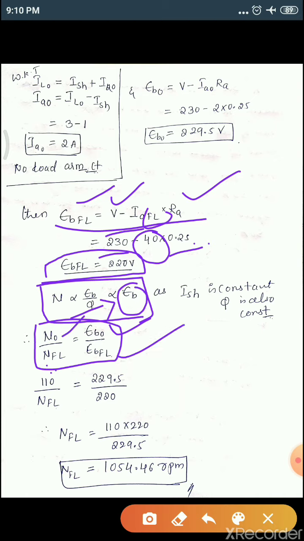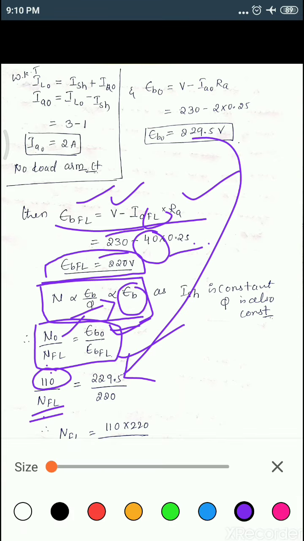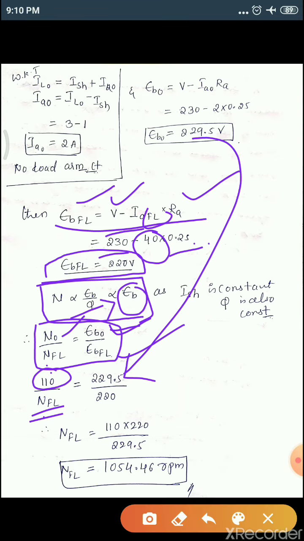No load speed we know, that is 110. Full load speed we don't know, we need to calculate. Eb naught you have calculated, and the full load one also. So 229.5 divided by 220.